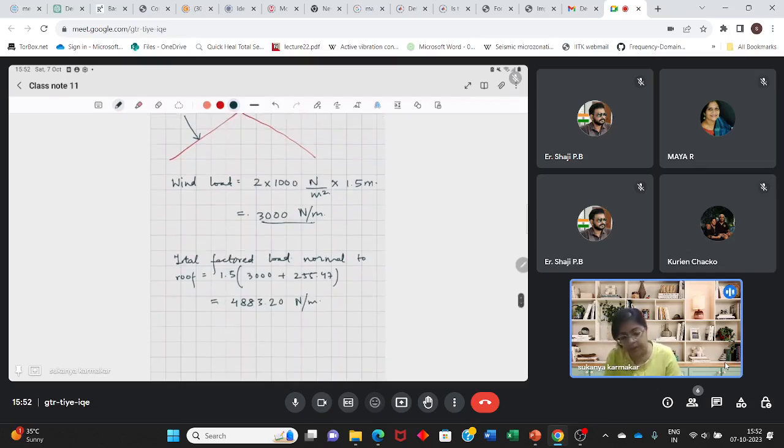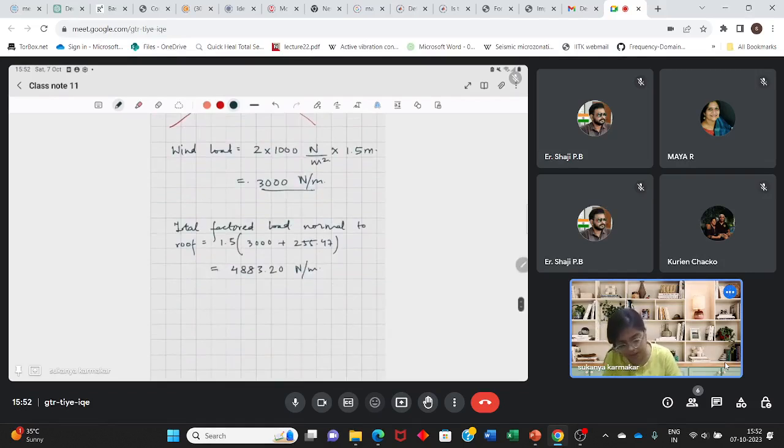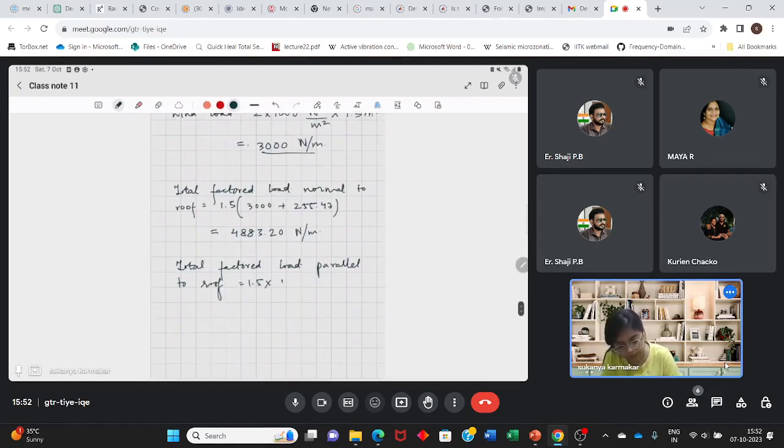And the total factored load along the roof is only this 147.5 Newton per meter, and let's factor that as well. So the total factored load parallel to roof is 1.5 into 147.5.